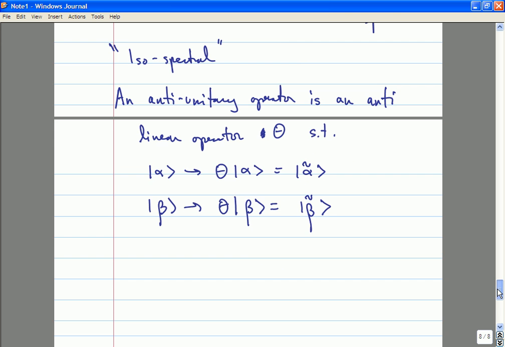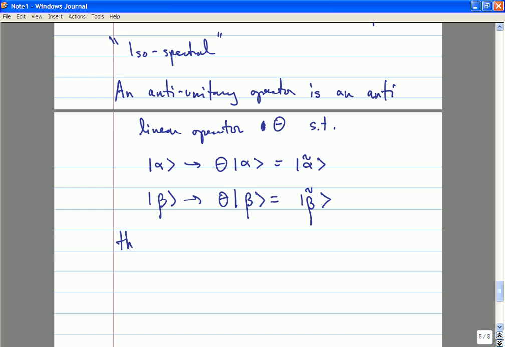The operator theta is anti-unitary if when you transform alpha and beta, you get the complex conjugate of the inner product between alpha and beta.